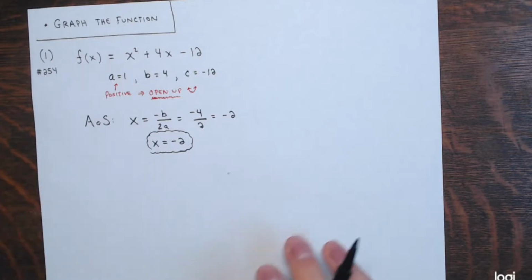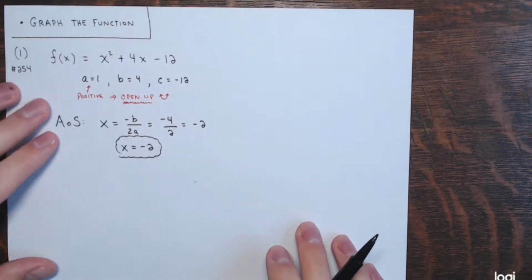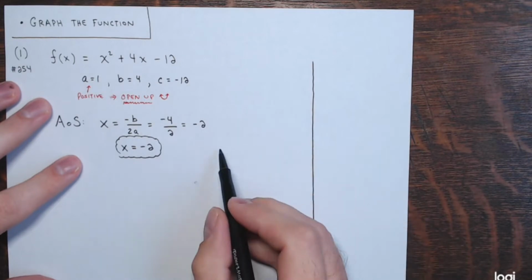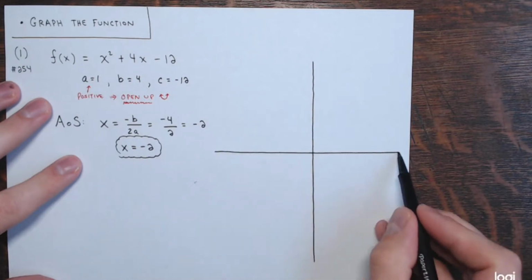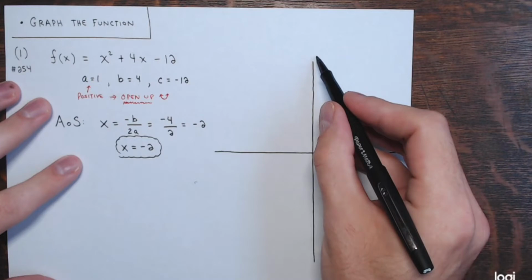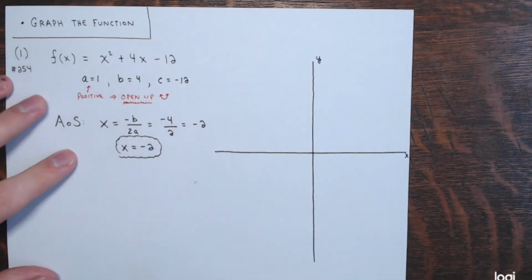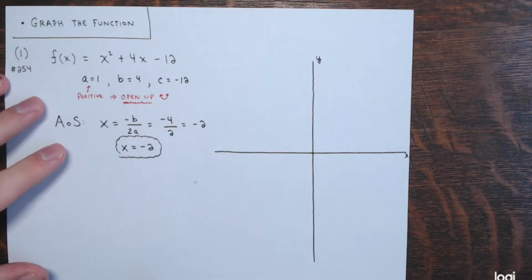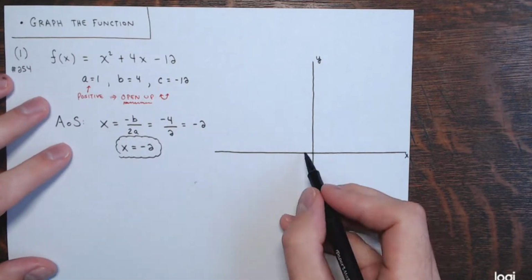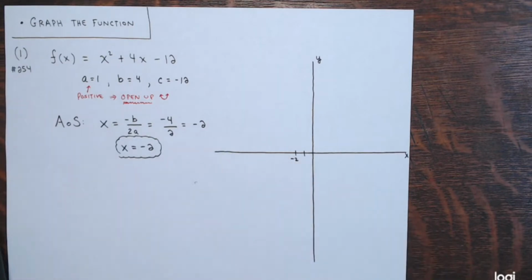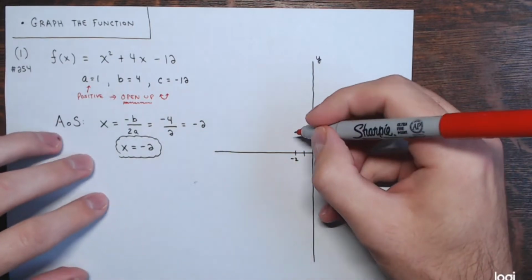But what I'm going to do with this is, on an xy plane, make a rough sketch by hand. So over here, there's the horizontal x-axis and the vertical y-axis, or you could call it the f-axis, because f of x is the output. I'm going to go to x equals negative 2. So negative 2 on the x-axis, there it is. And draw this vertical line.